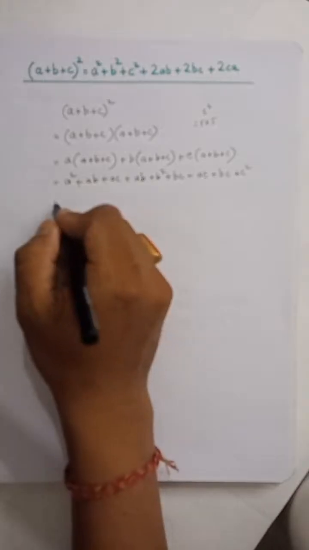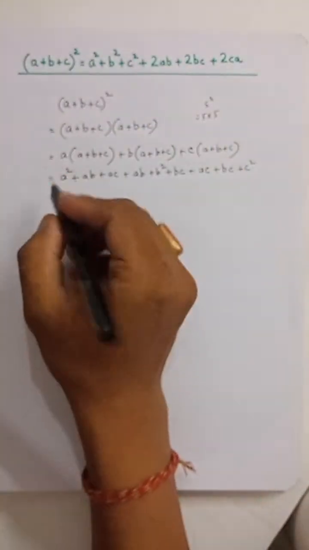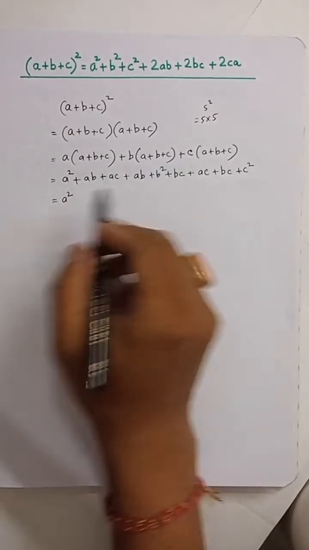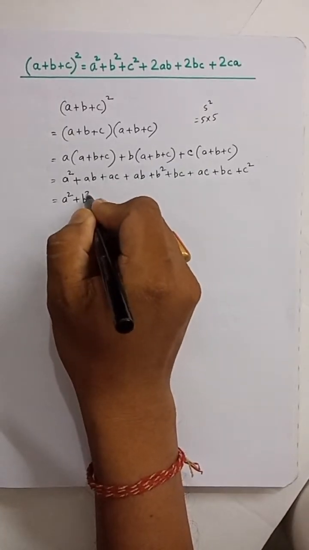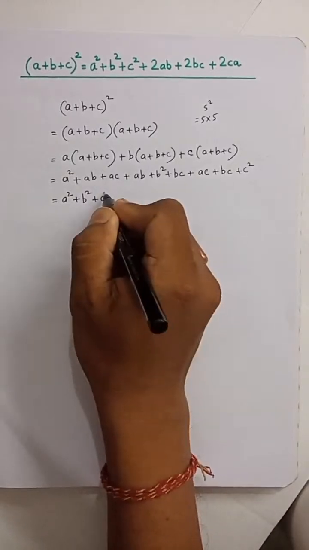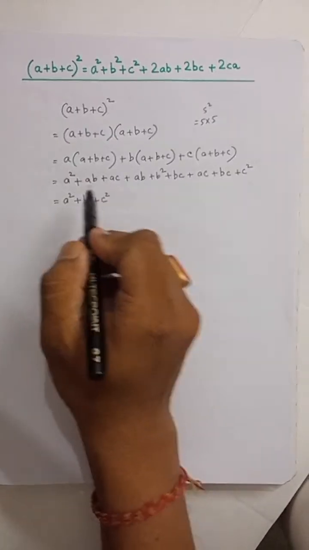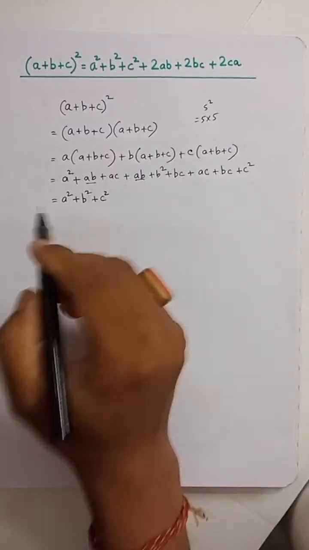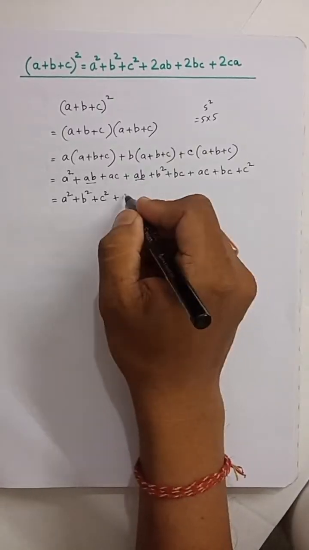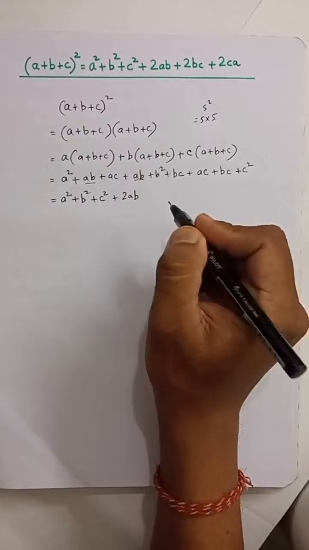Okay, so we'll arrange this in this form. We'll write the a squared, then we'll bring the b squared and then c squared. And then we have ab and ab, so we'll add up the ab's and make it 2ab.